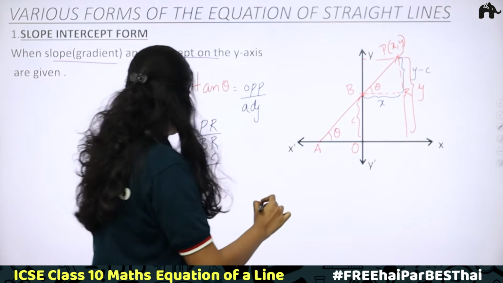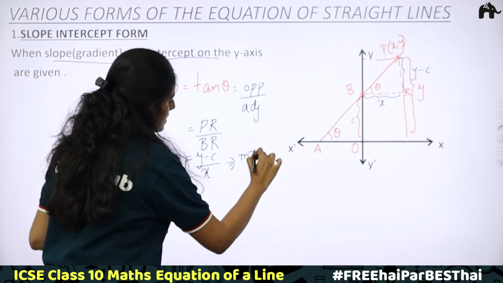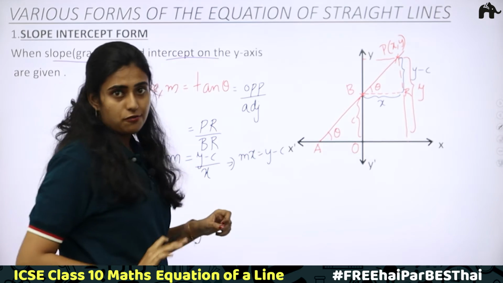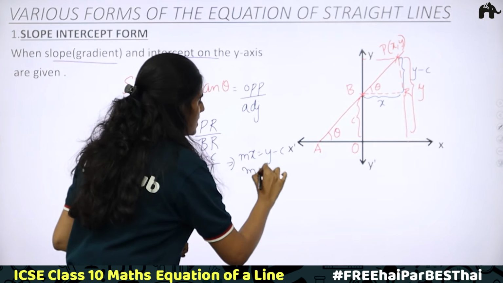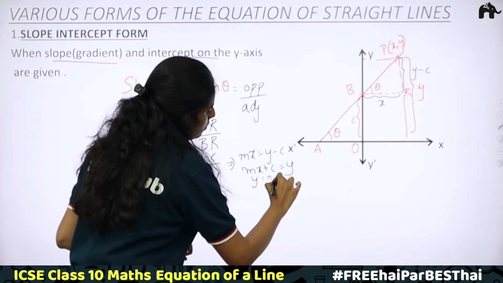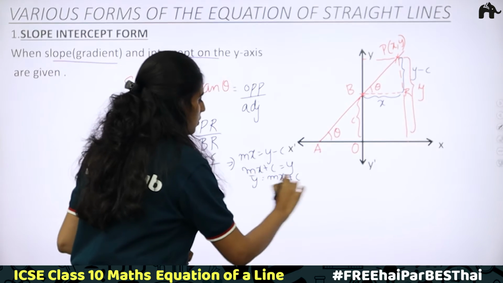On cross multiplying, we get Mx is equal to Y minus C. We need it in terms of Y. For that I am taking this minus C to the opposite side. Mx plus C is equal to Y, or Y is equal to Mx plus C.